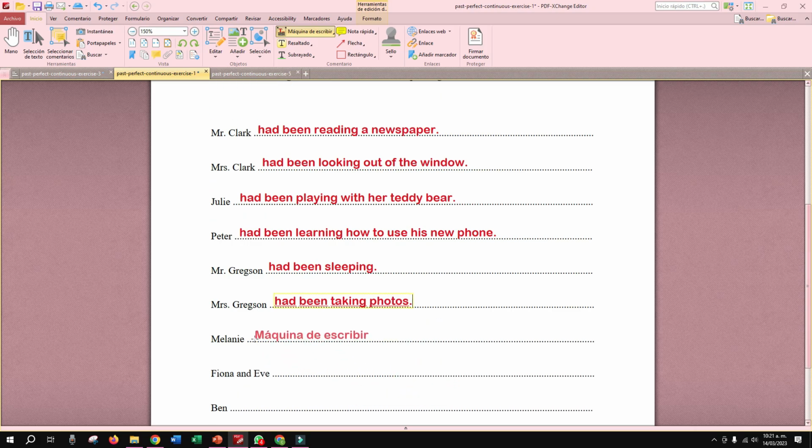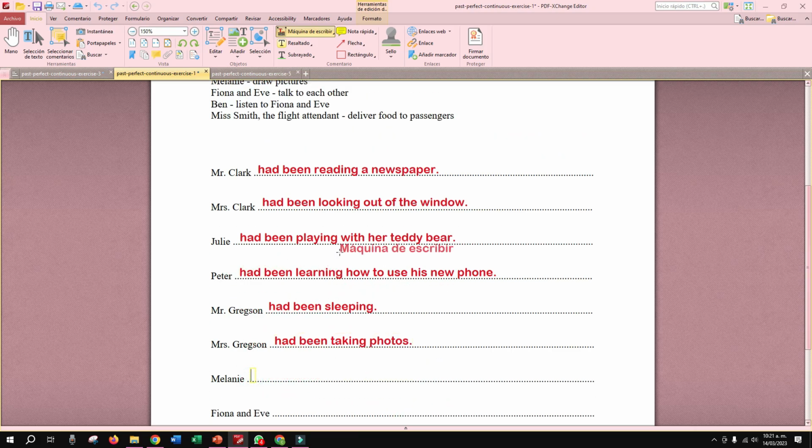Perfect. Melanie, what happened with Melanie, Mr. David? Melanie had been drawing pictures. Been drawing, yes, pictures. That would be amazing. So, Melanie had been drawing pictures. Excellent.